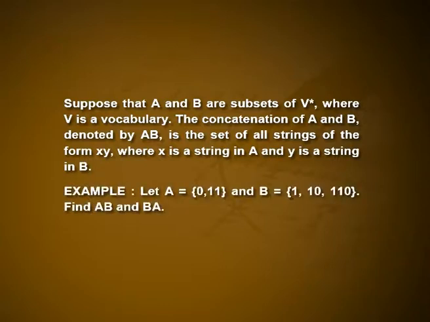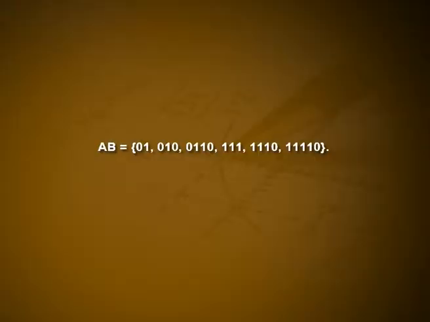We will see one example. Let A be the set {0, 11} and B be the set {1, 10, 110}. Find AB and BA. The set AB contains every concatenation of a string in A and a string in B. Hence, AB is the set {01, 010, 0110, 111, 1110, 11110}.